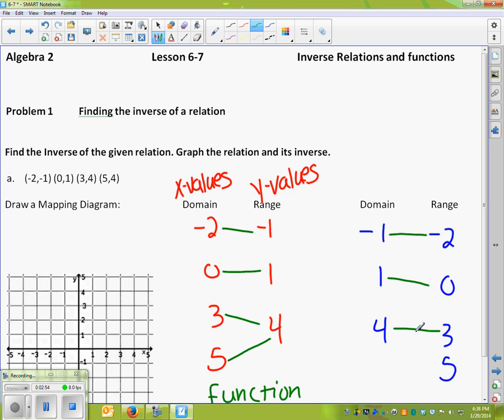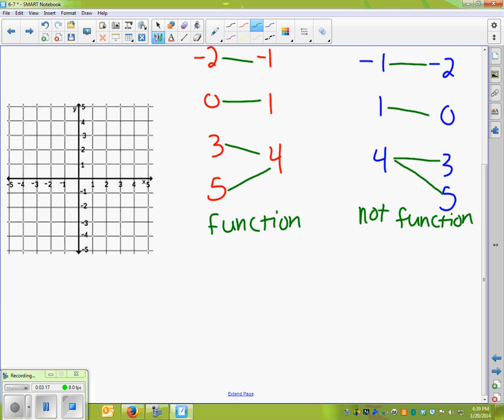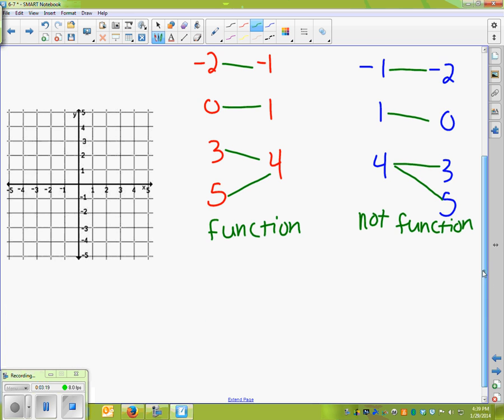Now the 4 goes to both 3 and 5. My x value of 4 repeats itself, defining this as not a function. So just because you have a function, when you find the inverse of it, it may or may not also be a function. Now they want us to graph these both on the same coordinate plane.